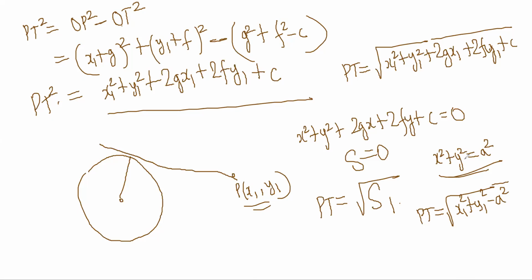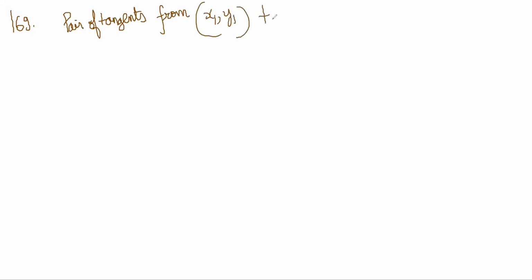Okay. So 169 is finding the equation of pair of tangents from point x1 y1 to the circle x square plus y square is equal to a square, right?